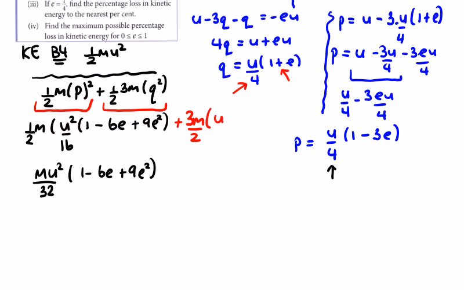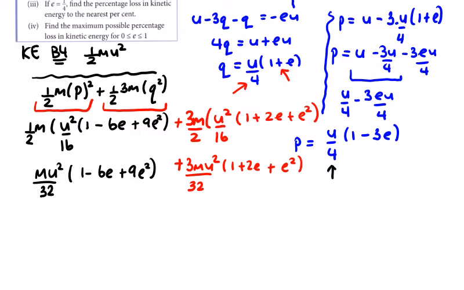So I'm going to get u squared over 16 times 1 plus 2e plus e squared, which is going to give me 3mu squared over 32 times 1 plus 2e plus e squared.